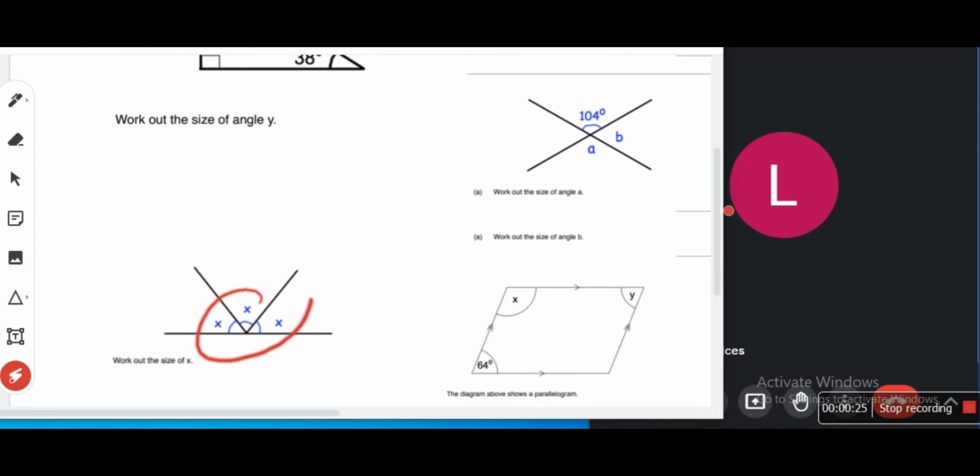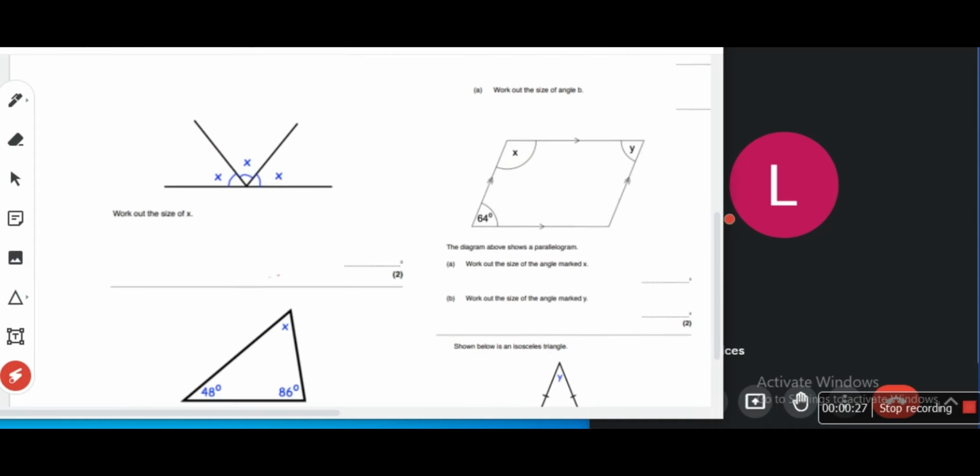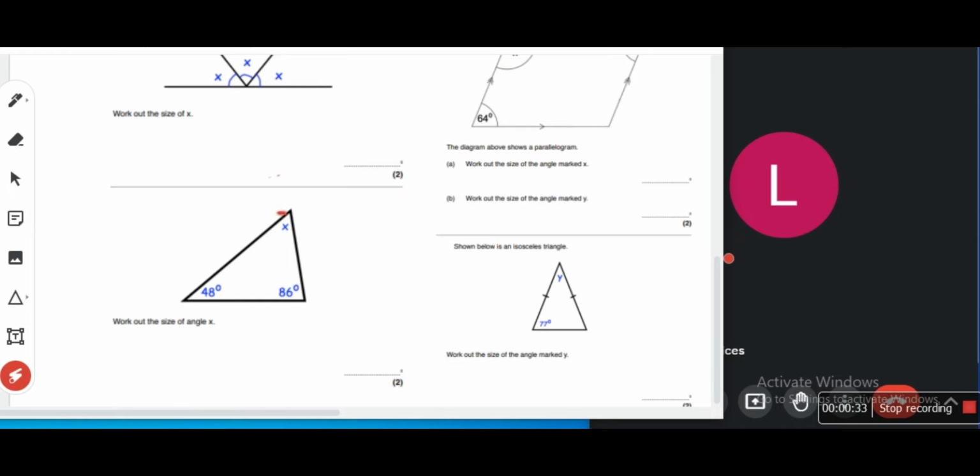Then to find the value of x, to find the value of this x too, because this plus this plus this will give you 180.